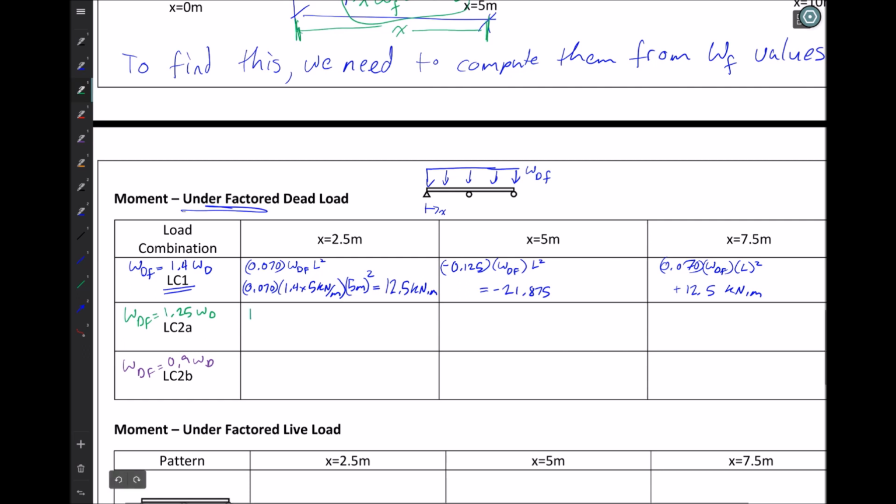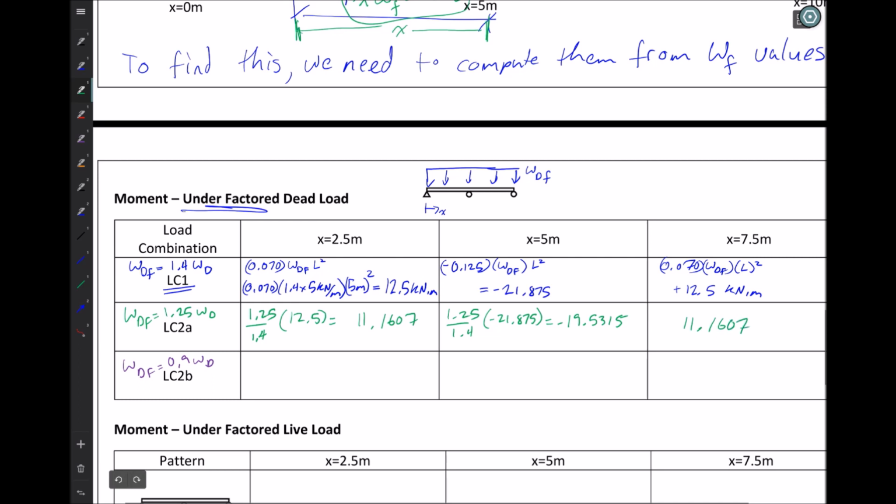I have 1.25 over 1.4 times 12.5, and I'm left with 11.1607. And over here I have the same ratio, 1.25 by 1.4 times minus 21.875. And I'm left with minus 19.5315.